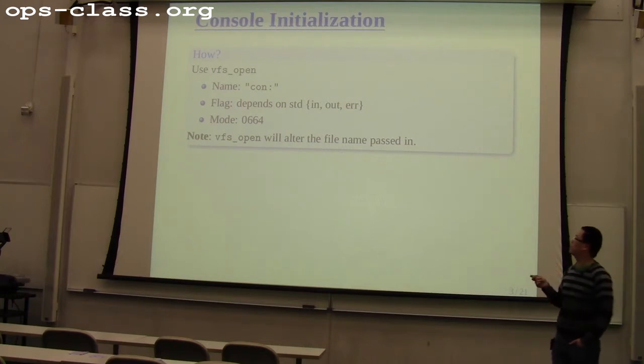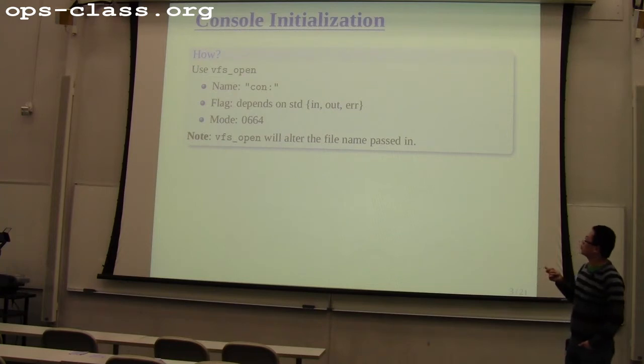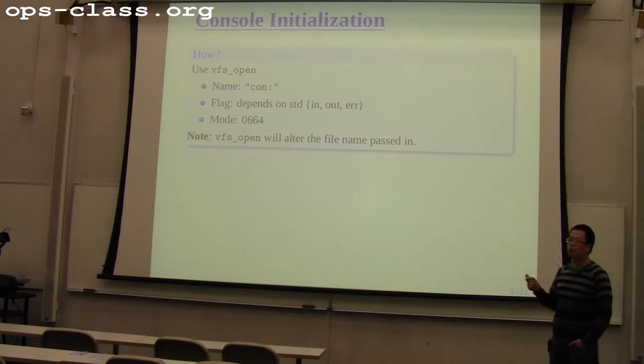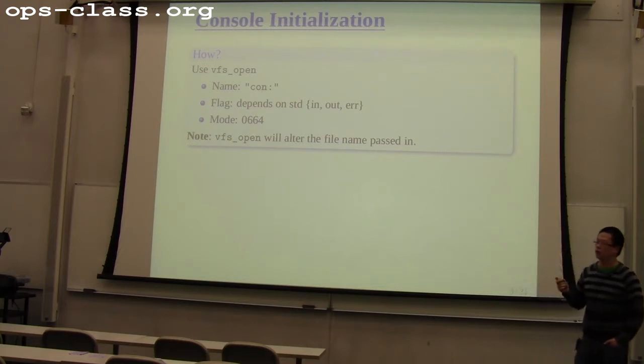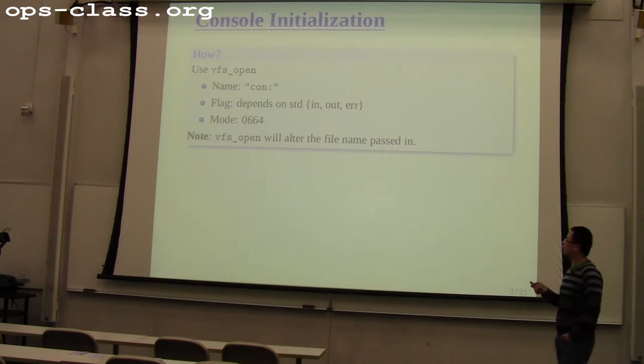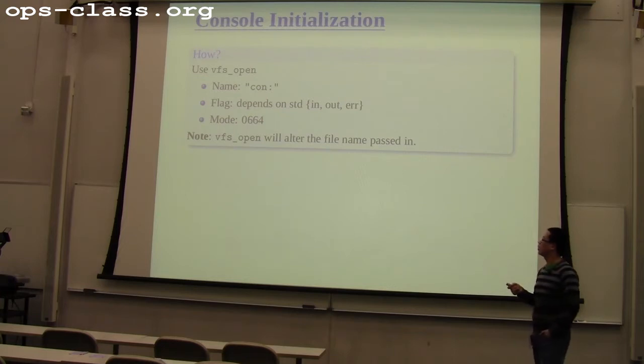Basically, you need to supply the name. The console has a special name, con colon, and the flag depends on what kind of console you are opening. You may want to pass different flags for them, either read-only for stdin or write-only for stdout and stderr.